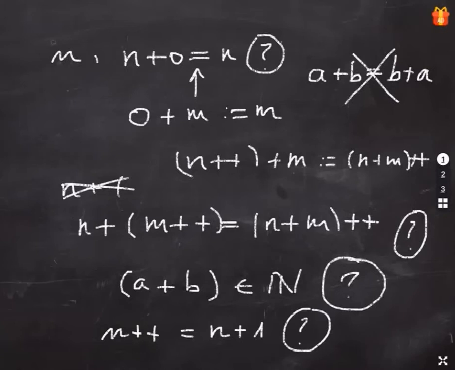Okay, so let's go for a proposition. Addition is commutative. For any two natural numbers, n and m, we have that n plus m is the same as m plus n. And again, you can prove it by using induction on n and keeping m fixed.